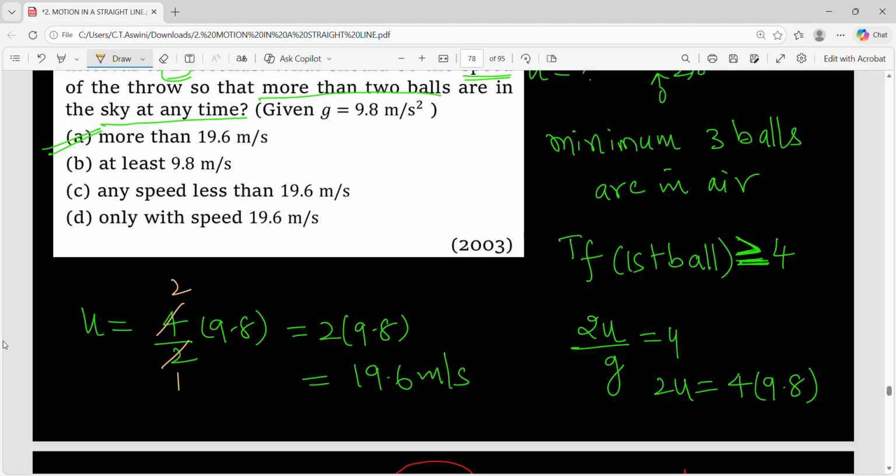Because the first ball may remain in the air for more than 4 seconds also. With every 2 seconds of interval, the balls are projected, but the first ball can remain in the air for more than 4 seconds also. There is a possibility, so equal to or more than. So the answer is option A.